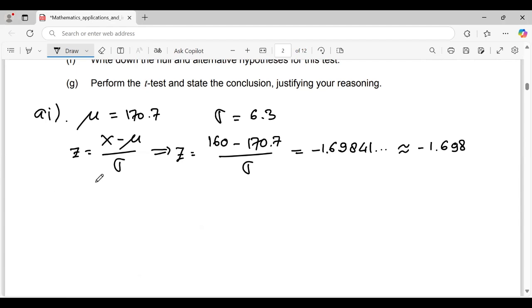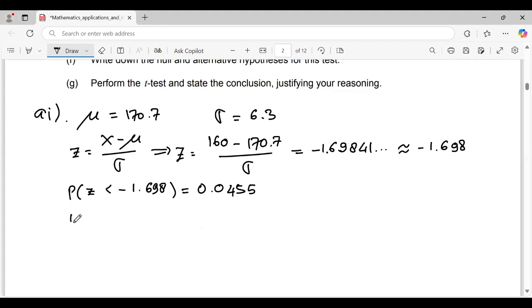In the standard normal distribution table, or if you're using your scientific calculator, we can determine probability z less than minus 1.698, and the result is 0.0455.